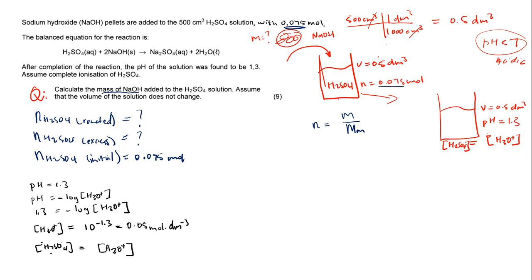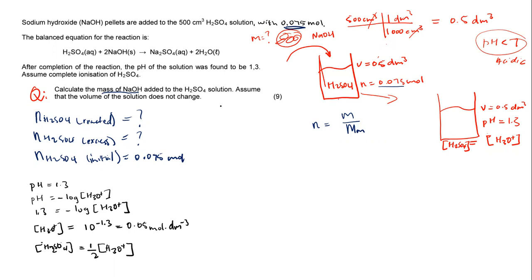But now, how many hydrogen atoms do we have in H2SO4? We have 2. So we're going to multiply this hydronium ion concentration by 1/2. If we had 3, we'd multiply by 1/3. If we had only 1 hydrogen, we'd multiply by 1/1, which is the same.